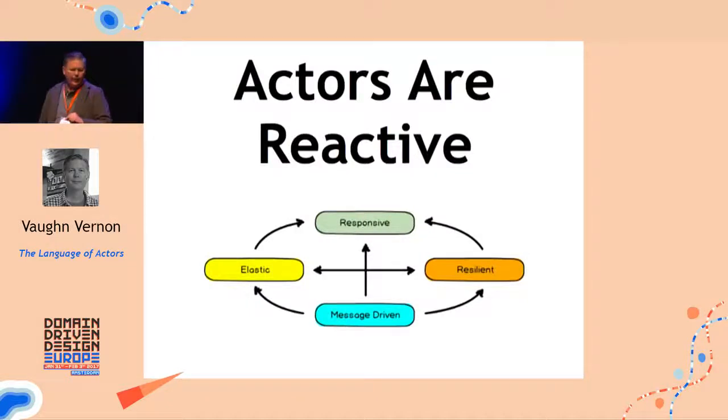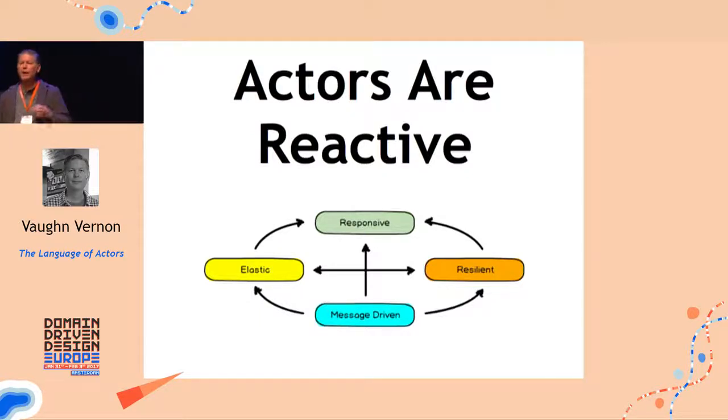And actors are reactive. If you want to keep up with the reactive software development and reactive systems community, there's a website called reactivemanifesto.org, and you can read more about reactive there. Essentially, reactive is software that's responsive, elastic, resilient, and message-driven.